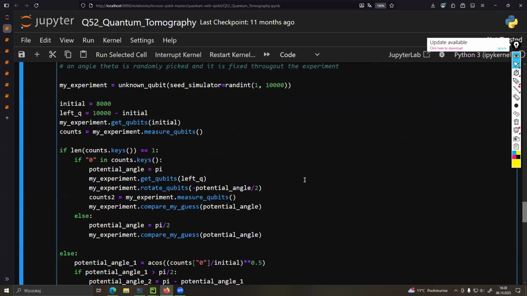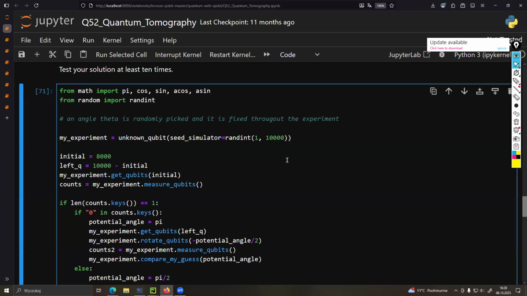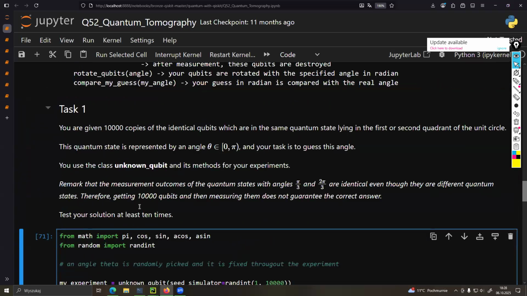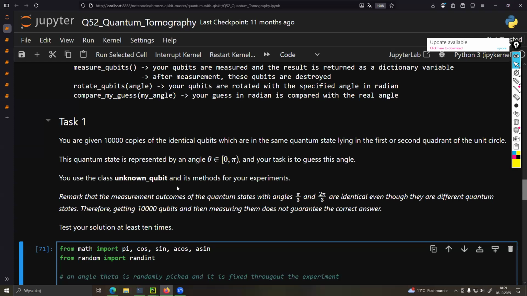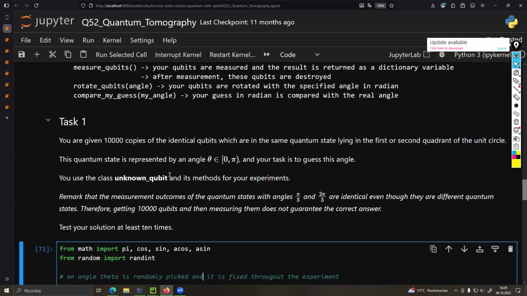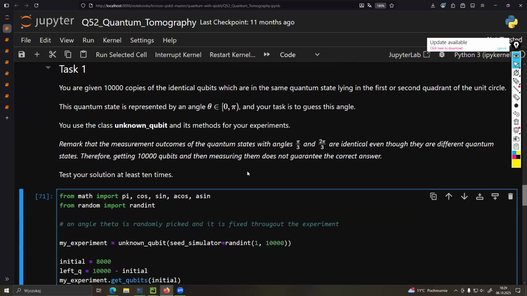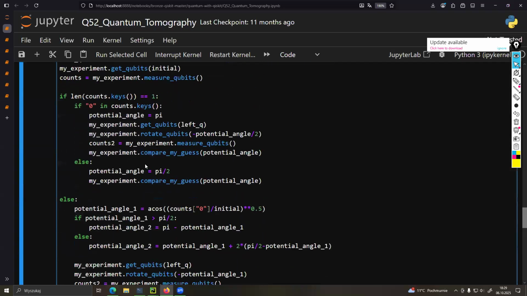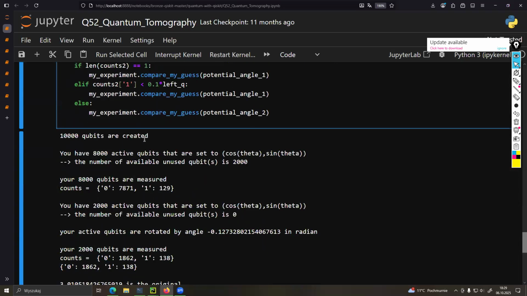So now, once you run this entire method, you don't have this solved in your notebooks, most probably, but I did solve it prior to our lecture. So for example, let me run this experiment. The 10,000 qubits are created.